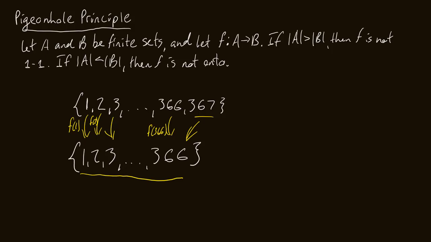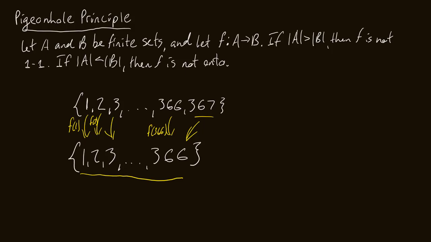But arbitrarily speaking, person 367 is going to have their birthday on the same day as one other person in our set of 367 people, because the amount of days in the year is less than the amount of people we're looking at. So it has to be the case that at least two people were born on the same day. Are we starting to get a feel for this intuition?